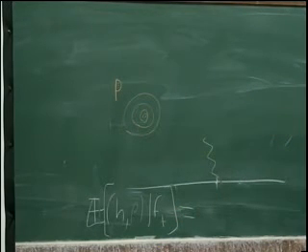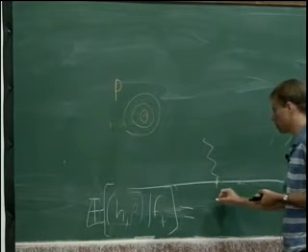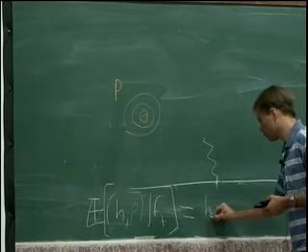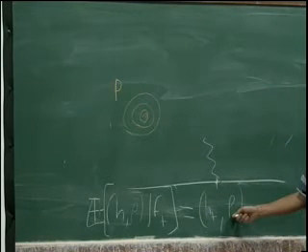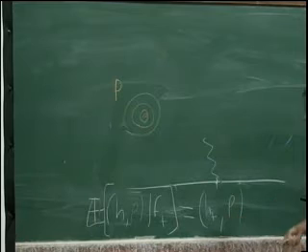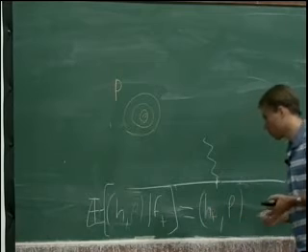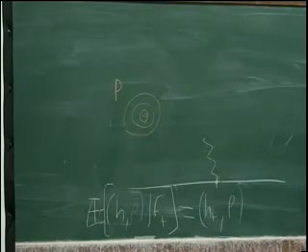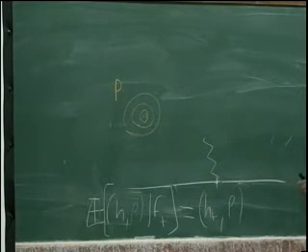And what I claim is that this should be equal to H sub t inner product with rho. This is sort of what I'm trying to show. Well, for now, just take this as a definition. So let's look at this H t inner product with rho and try to see how this evolves in time.